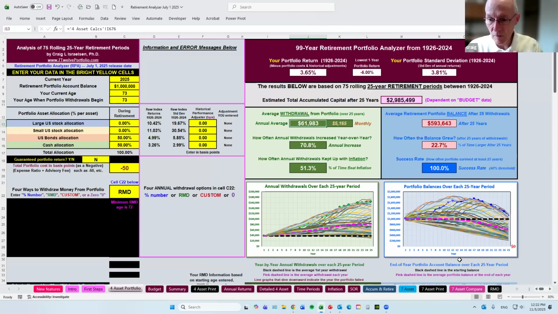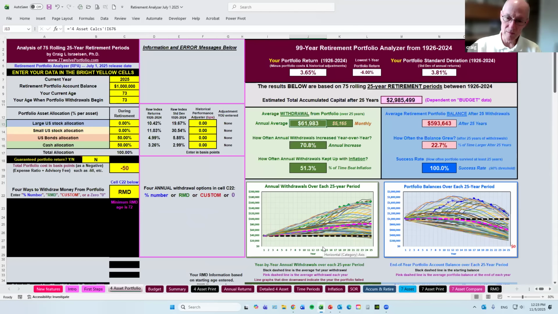But to give you a quick view, it's right here in this graph, the graph right below, this one right here, that looks like a coiled wire coming uncoiled from left to right. So every colored line represents the withdrawal for that retiree. There's 75 of them in each year.